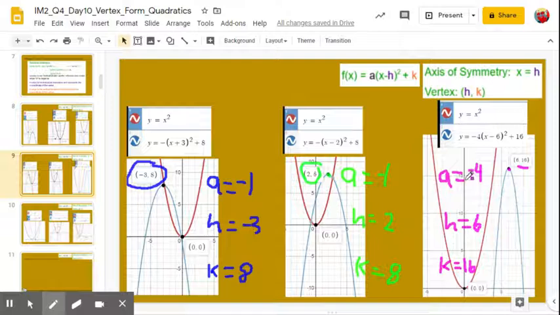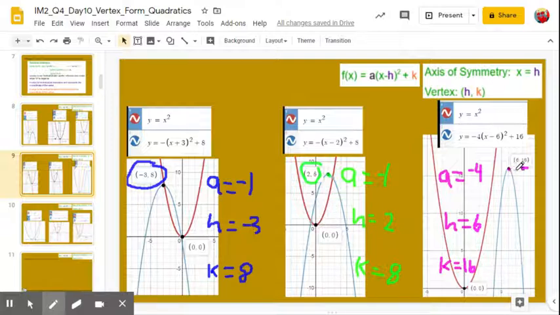Now this one, the negative sign tells us it reflects over the x-axis, so it opens down. And is this one stretched or compressed? Stretched, big time, right? So usually you go over 1, up 1. This one you go over 1, you go down 4. Usually you go over 2, you go up 4.